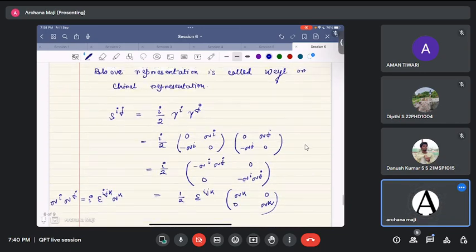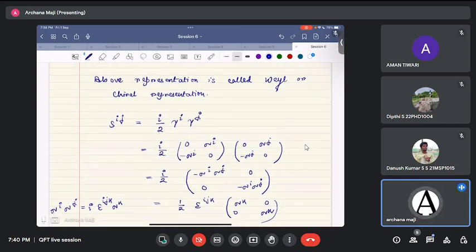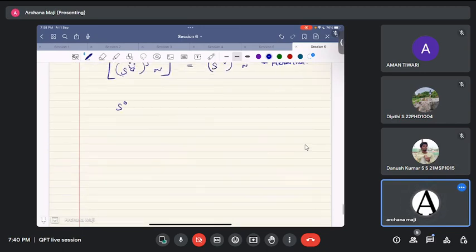Let's look at the Spinor representation corresponding to boost, so which would imply S0i. What is S0i? It is i over 4 gamma 0 gamma i, right?